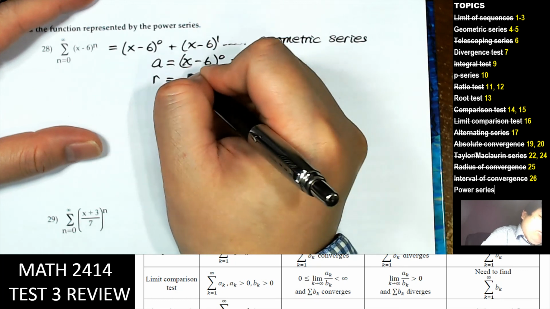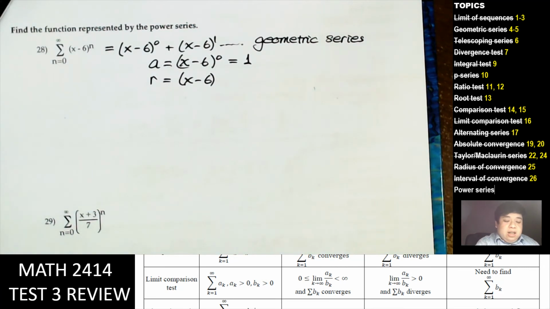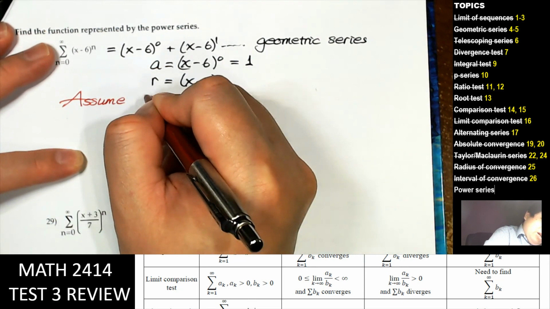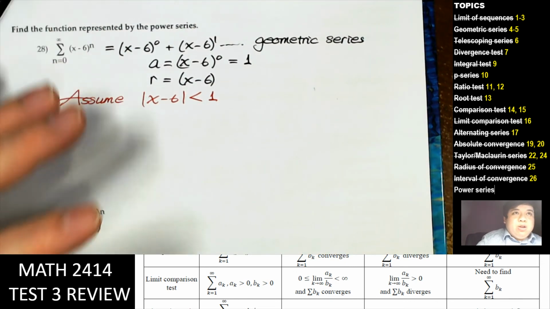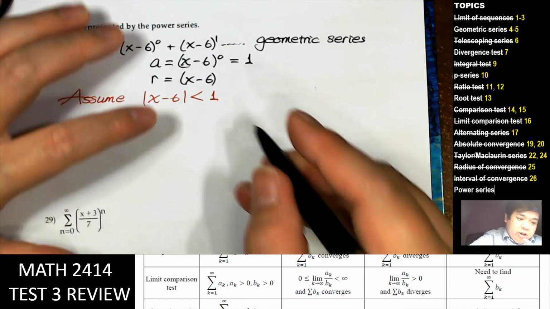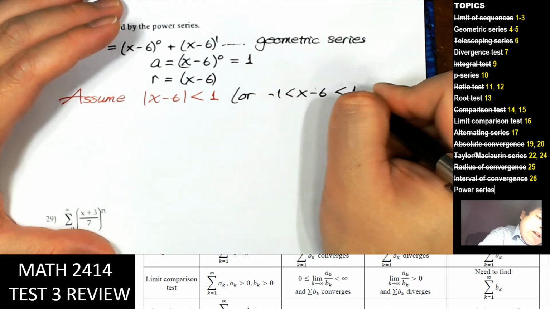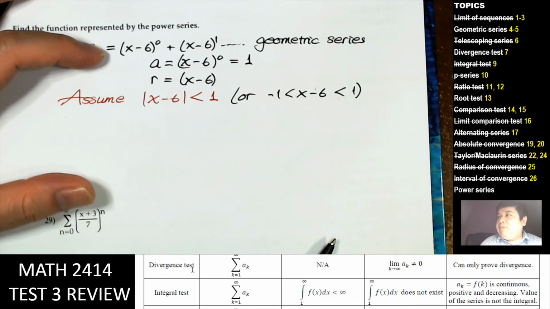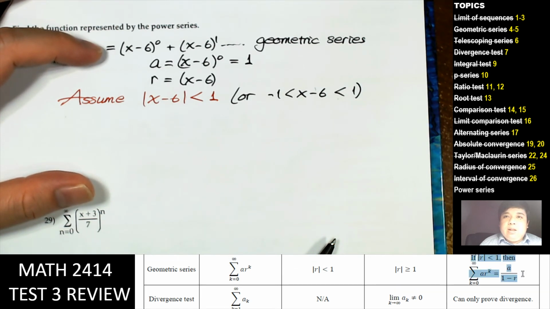The ratio is x minus 6 itself. So assuming that r is between -1 and 1, so let's assume x minus 6 is between -1 and 1, or the absolute value of x minus 6 is less than 1, which is equivalent to x minus 6 between -1 and 1. If that is the case, then this is a geometric series, and we have the sum.